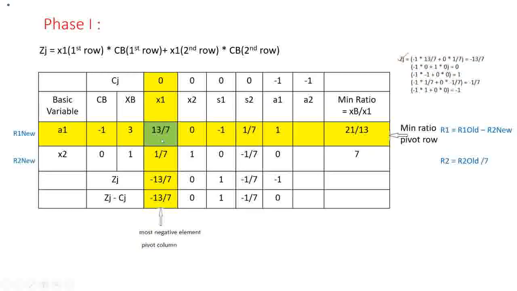And here 13 by 7 is the lying element between this row and column. So we have to convert this 13 by 7 to 1 and this 1 by 7 to 0, so that we get the matrix 1 0, because in the previous x2 we got 0 1.